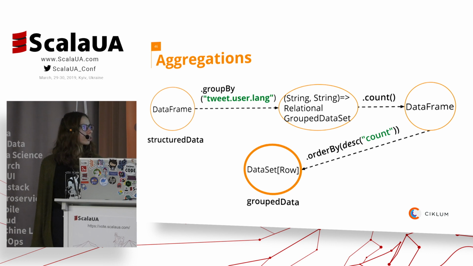Again, we just run the group by. This relational group data set is just an internal type for Spark. After we count and order, we get the data set of rows. If you're not familiar with Spark, the data set of rows is in the middle between RDDs and data frames. It's more structured, but at the same time, it has less structure than data frames.